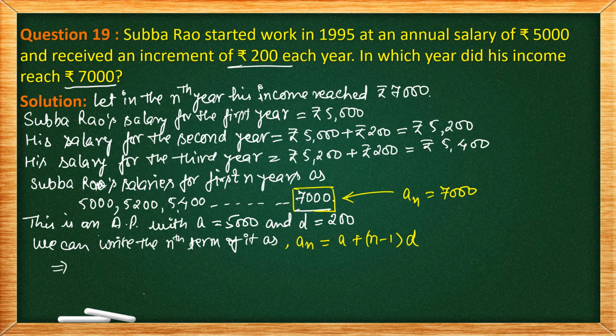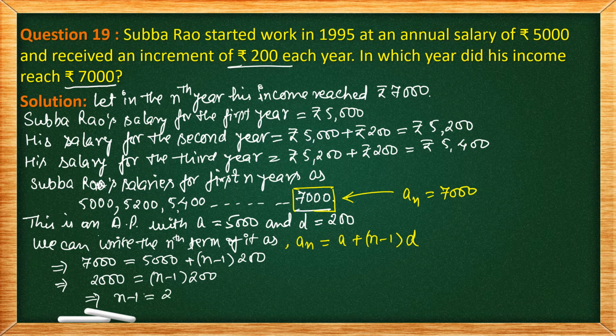Now we will have 7,000 is equals to 5,000 plus n minus 1 into 200, and this gives us 2000 is equals to n minus 1 into 200, implies that n minus 1 is equals to 2000 divided by 200.